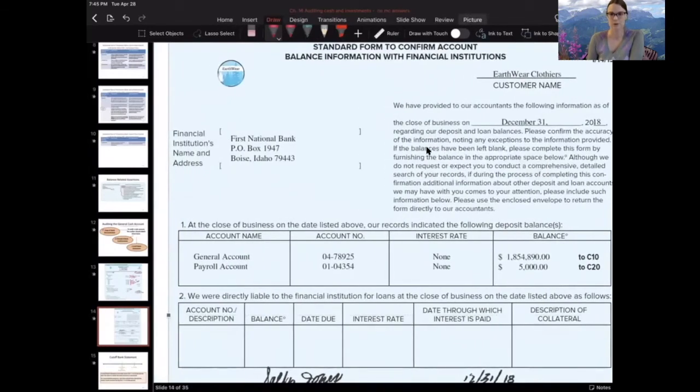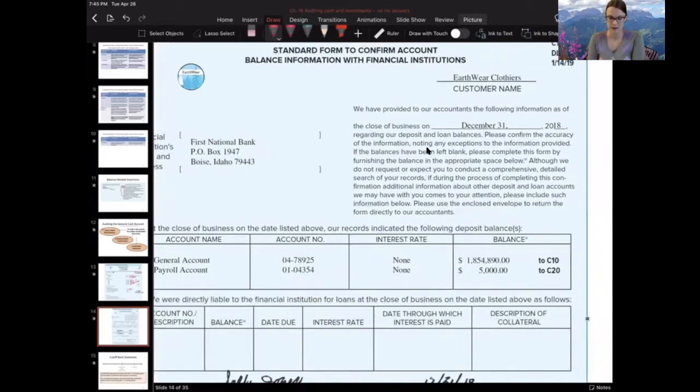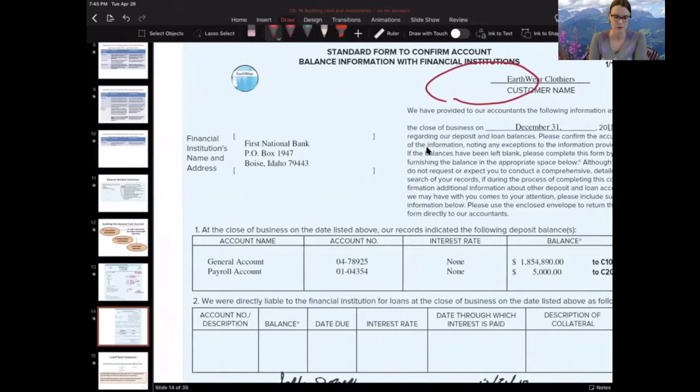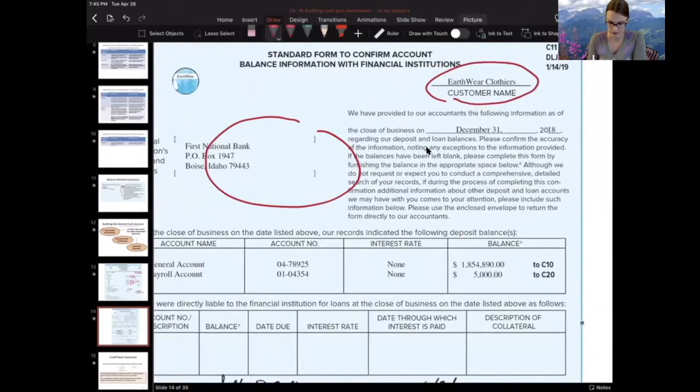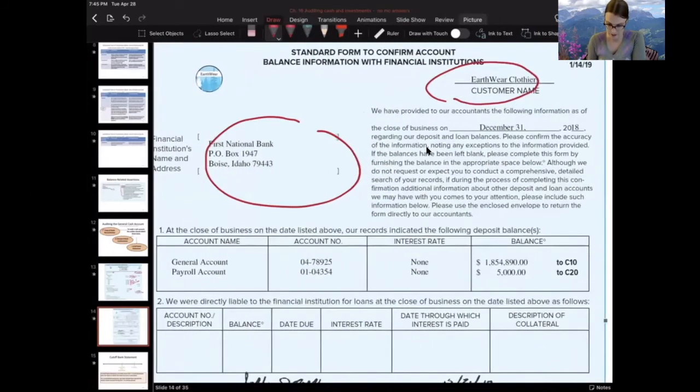similar to the accounts receivable confirmations we looked at, we read it, and it's a request from the audit client to the bank saying, hey, could you please provide our auditors with this information, right?